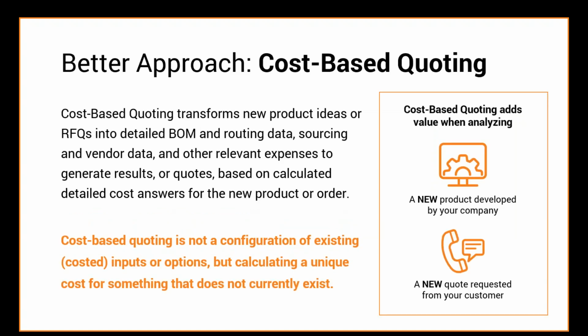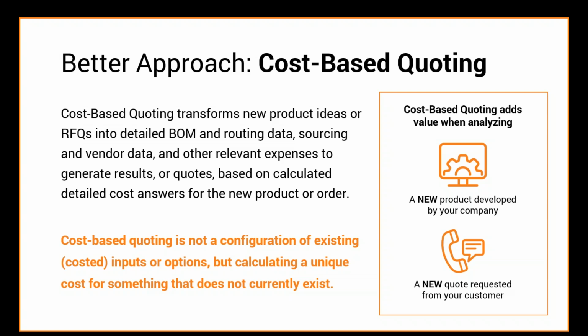What we recommend is a better approach, what we call a cost-based quoting application. Cost-based quoting really transforms a napkin or idea approach into a fully loaded bill of material, routing, profitability or feasibility study, right? I like the wording that we put together here: new product ideas or requests for quotes into detailed BOMs, routings, sourcing and vendor data.